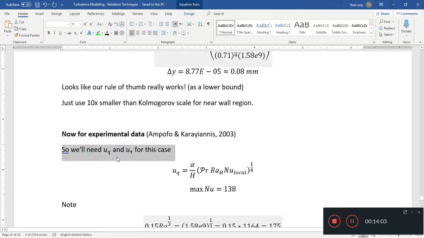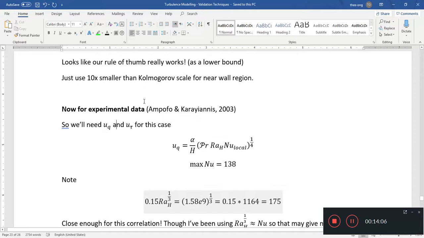This was actually done by Ampofo, and I don't know how to pronounce his name, but these guys actually did a square cavity natural convection case, and they calculated the Nusselt number. From this case u_q is calculated as follows, and I picked up the maximum Nusselt number, which is about 138.